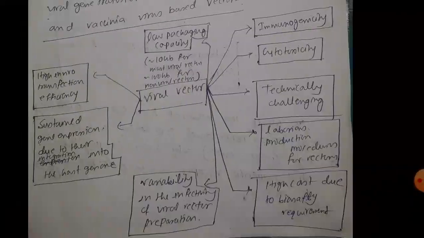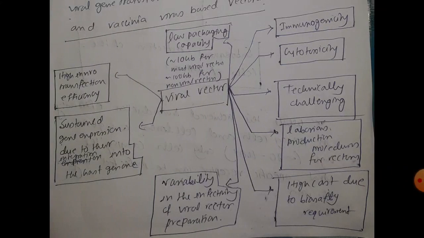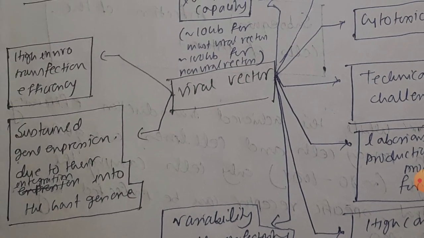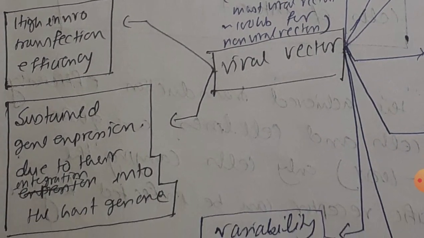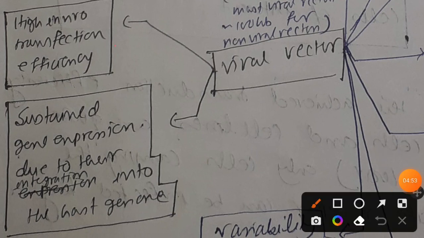Now we are going to discuss the advantages and disadvantages of viral vectors. On your left side, these two points are the advantages. One is high transfection efficiency in vivo. It is a highly efficient transfection procedure, because remember, a virus can only transfect those cells that have a specific receptor for that virus.